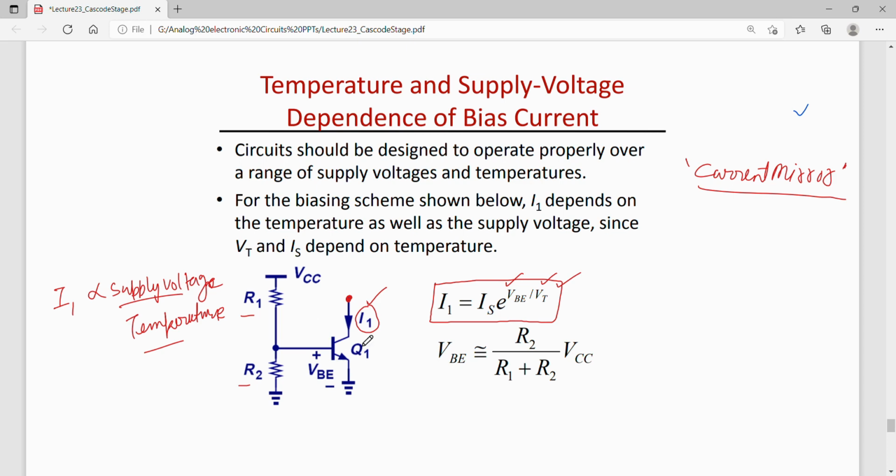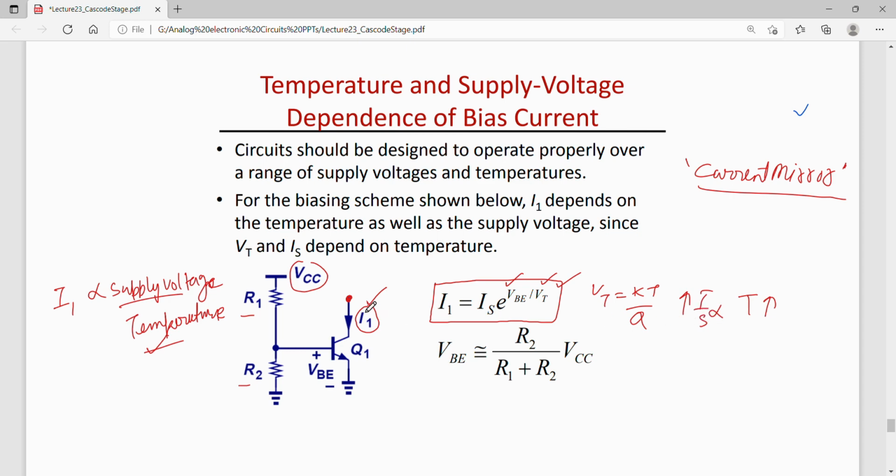Then this circuit will be more stable, because now this circuit is not much stable, since the bias current depends upon both the supply voltage and the temperature. Because VT also depends upon temperature, VT is KT by Q. Then the saturation current is largely dependent on temperature; more is the temperature, more is the saturation current.